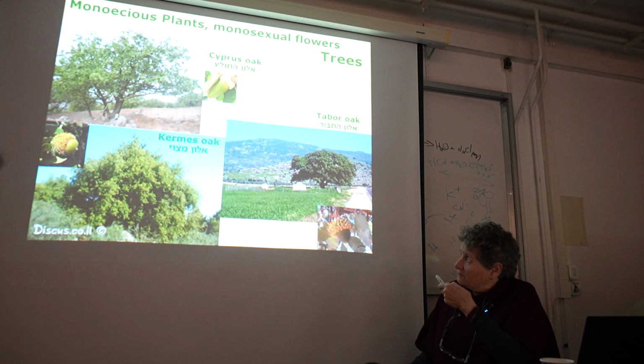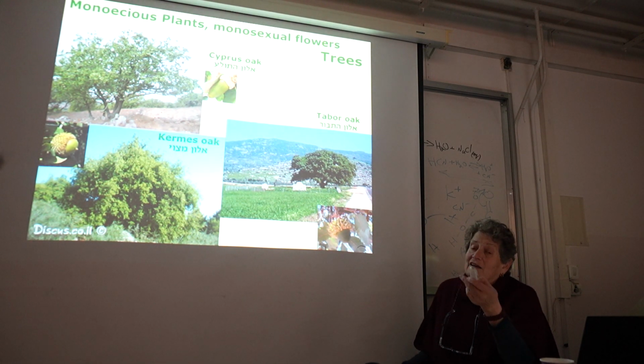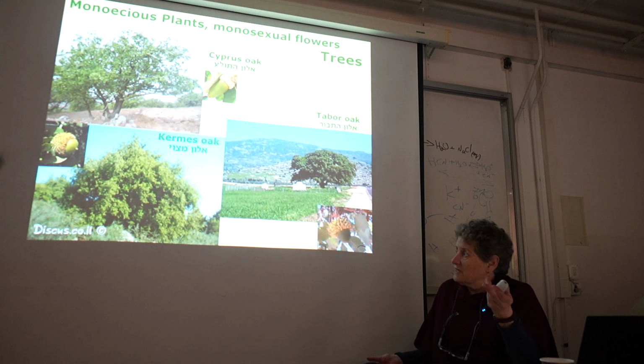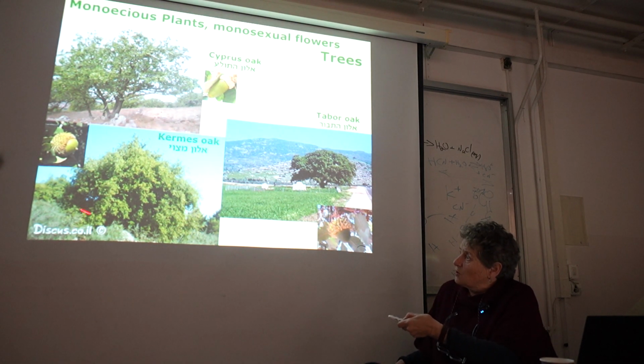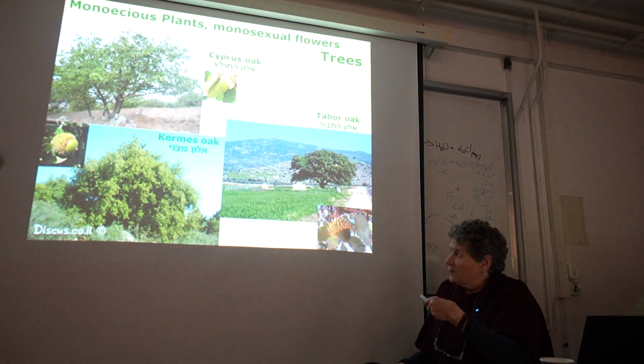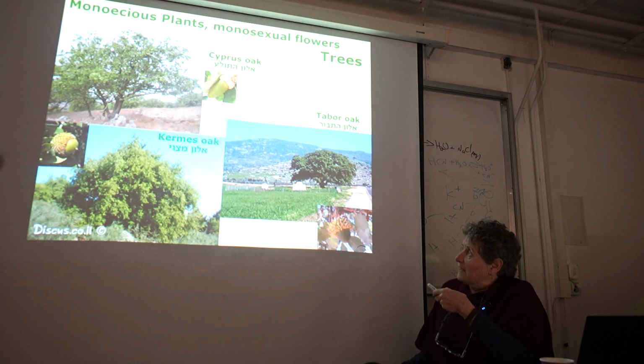This is the name that it originally had. It's the same problem that we have, as I said, with giving common names to the trees. So this is the most common oak tree we have in the center of the country, and also all the way up north to the Galilee.